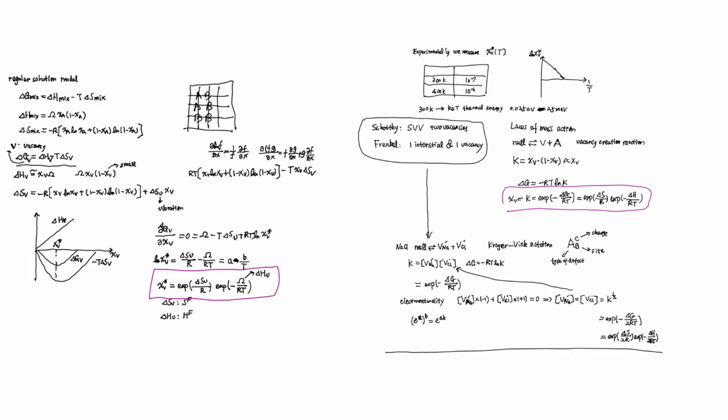You can see the trade-off between the two competing factors, which means there exists an XV somewhere in the middle which is going to balance these two opposing forces. And that's the equilibrium composition. That's where it's coming from.